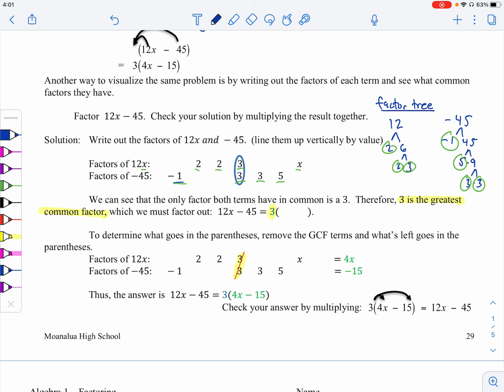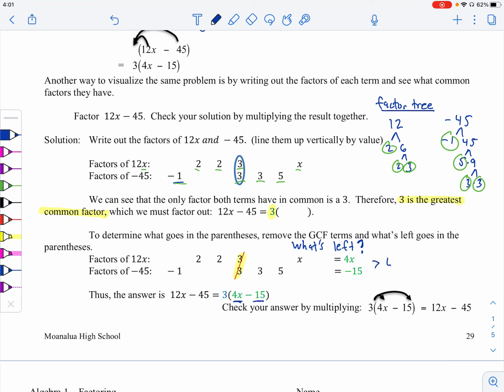For the other term, we have a negative 1, 3, 5. So 3 times 5 is 15, times negative 1 is negative 15. So this is what's left, and that goes right here: 4x minus 15. That's what goes inside.